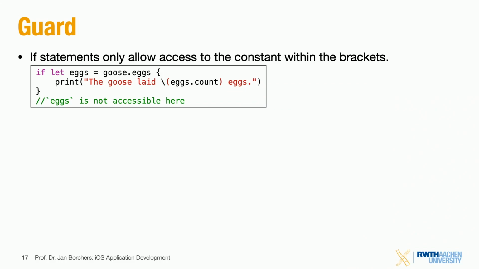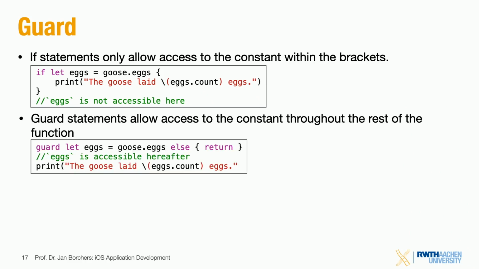If we go back to the if statements and if let working with optionals, if let trying to assign x to whether the goose has laid eggs, that is an optional. I'm trying to assign it to this. If that's true, then I'm printing out the number of eggs. After this bracket, I can't use x anymore because it was only defined within this scope. For the guard statement, that is different.